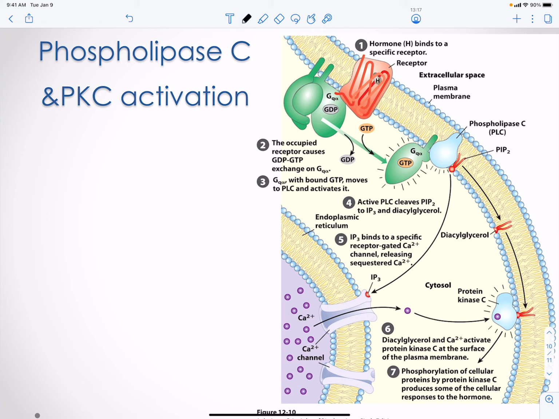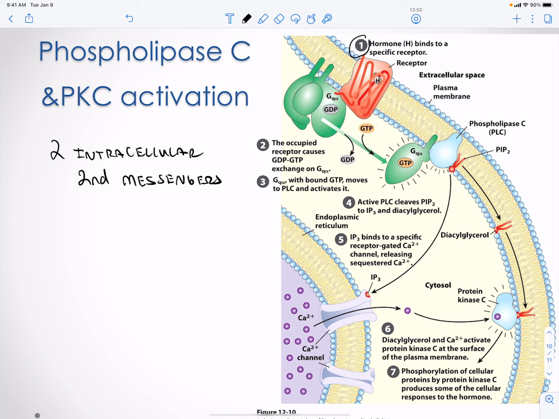So you have two intracellular second messengers in this case. In the other one, we had cyclic AMP. But here we're going to activate two, which are going to be generated from phosphatidylinositol, which is PIP2.